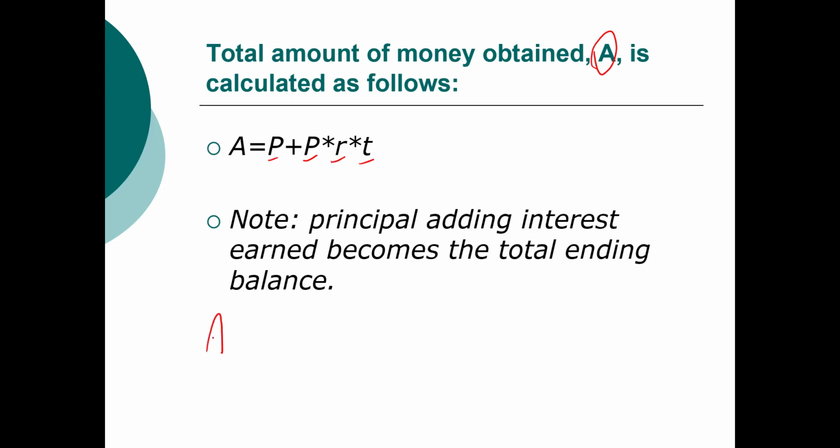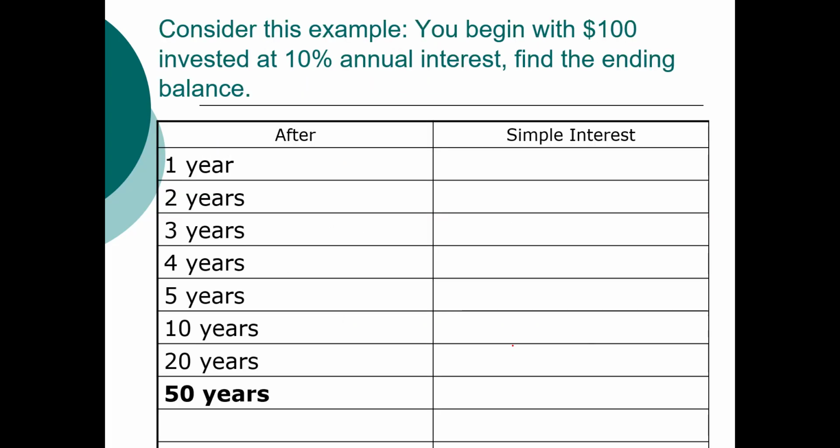So A here represents the ending balance after T years. The principal plus the interest earned becomes the total ending balance.